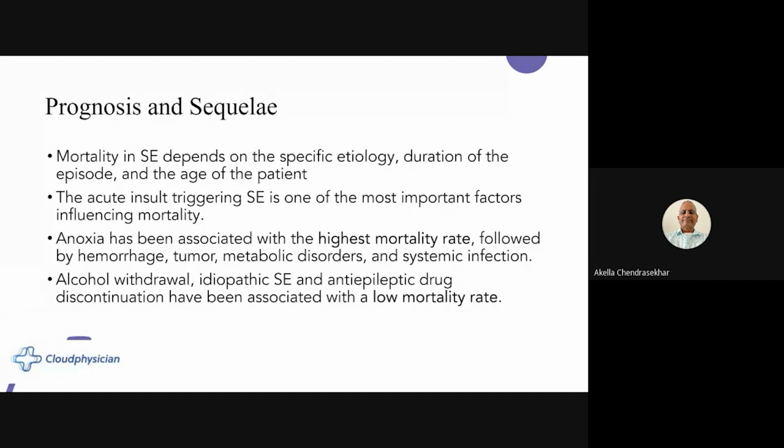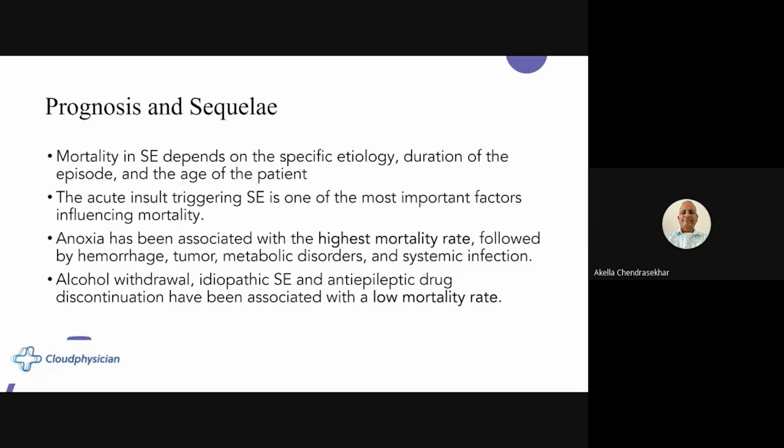So again, mortality. I'm not talking about morbidity. I'm not just talking about a little bit of brain damage. I'm talking about death. Okay, depends on etiology, what caused it, how long did the seizure continue? And this is important. Our documentation has to be precise.